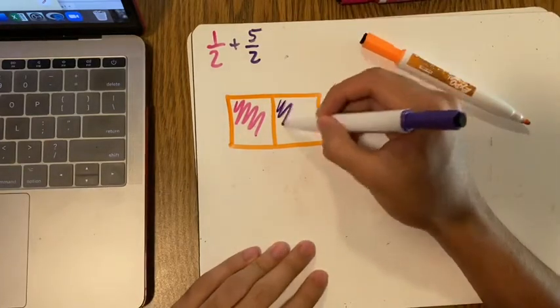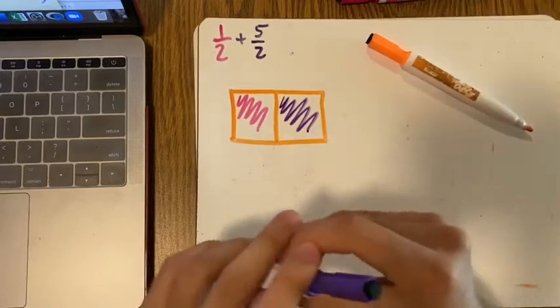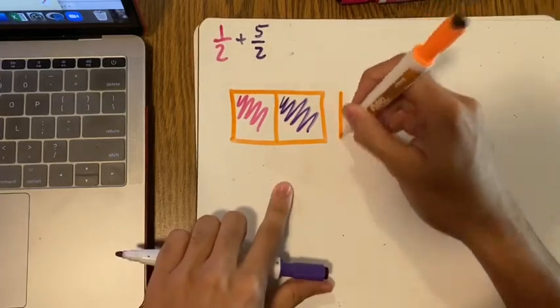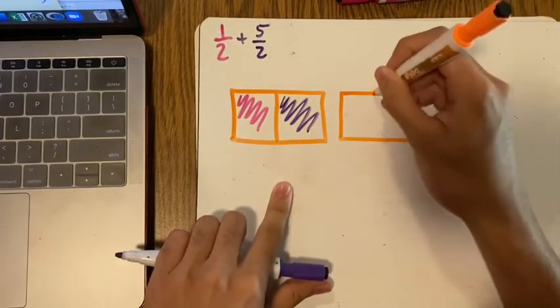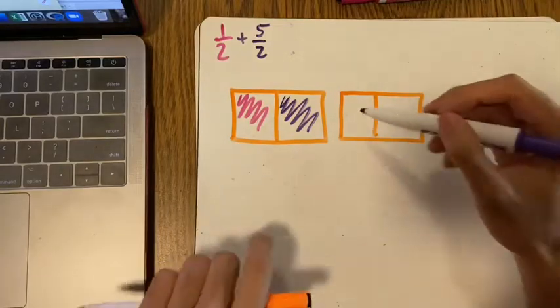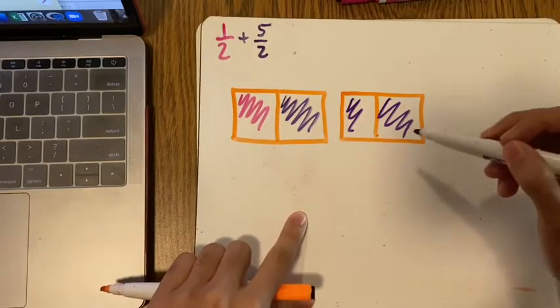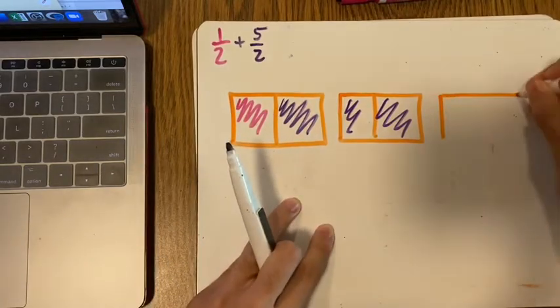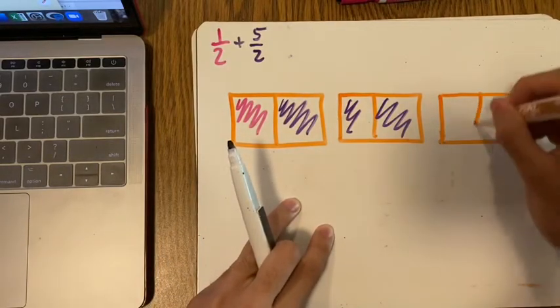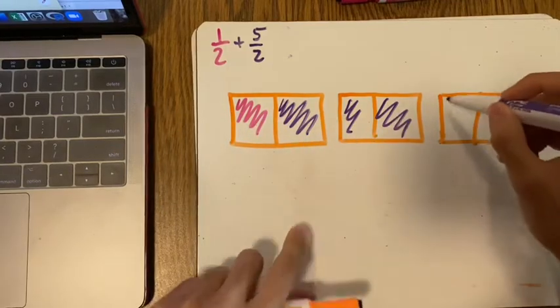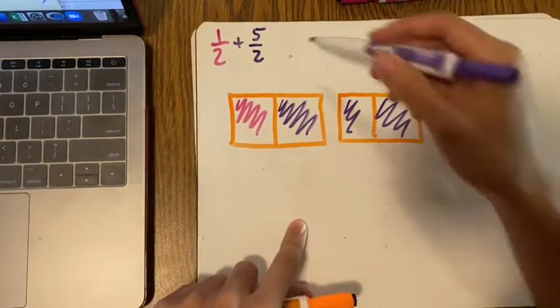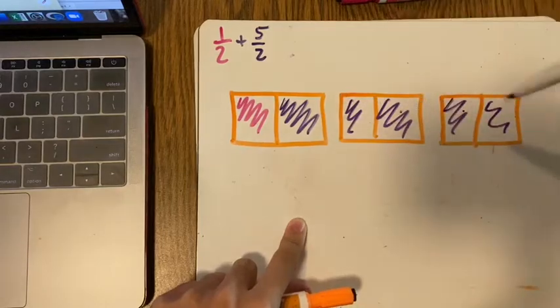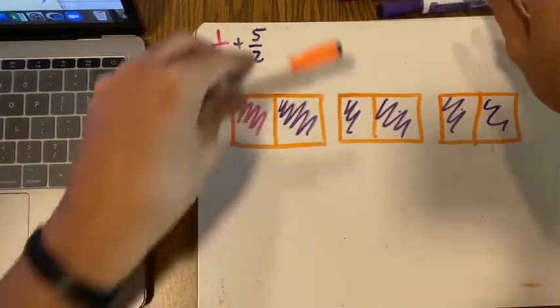So I have 1. Oh no, I'm going to have to grab another container. 2, 3. Oh, I'm going to have to grab another container. 4, 5. So I shaded in 5. 1, 2, 3, 4, 5. Okay.